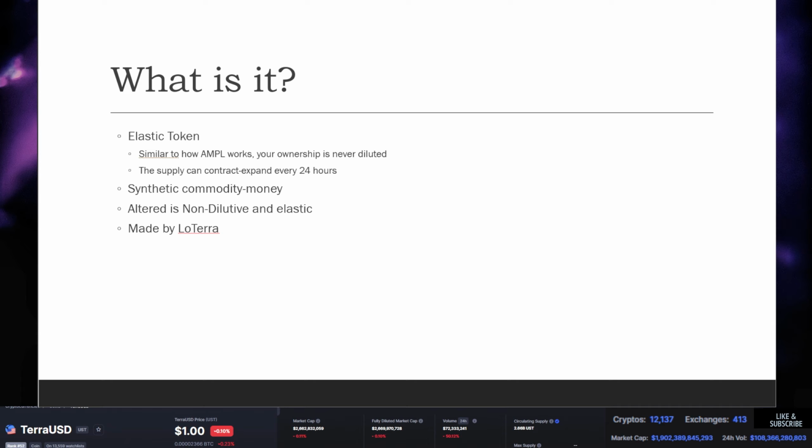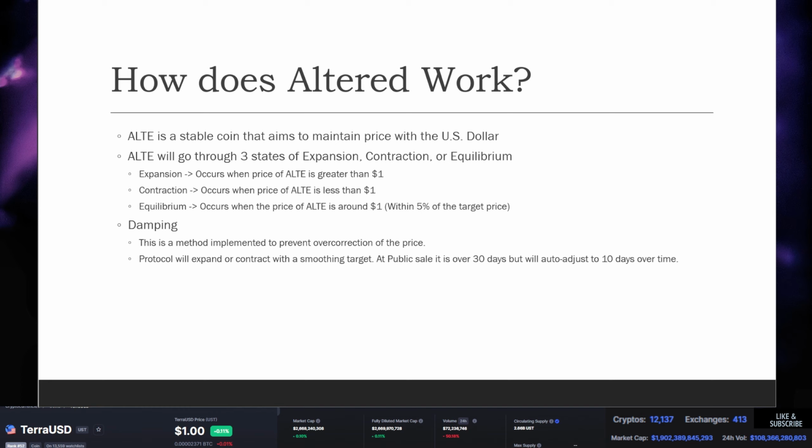So I'll cover this in a bit more detail, but that is the basics. Pretty much your supply of the token can contract or expand, or it can stay the same every 24 hours. And the big thing, what makes it special, is that it's non-dilutive and elastic, and it was made by the Terra team.